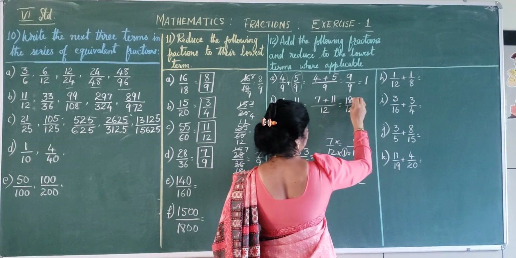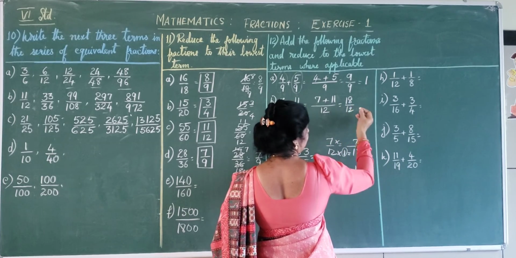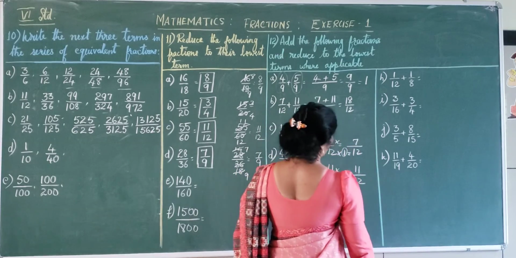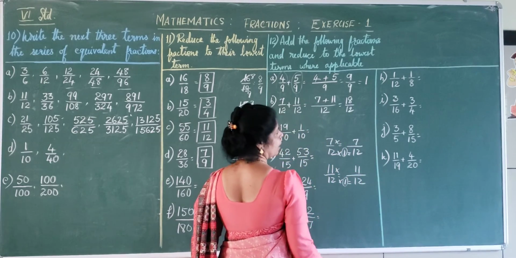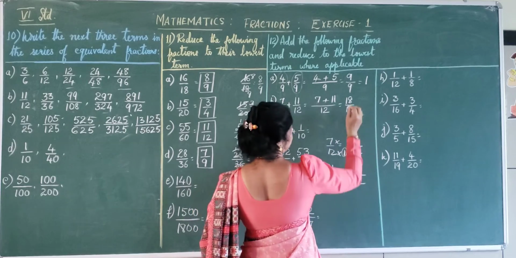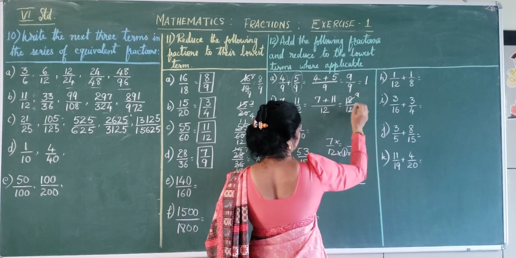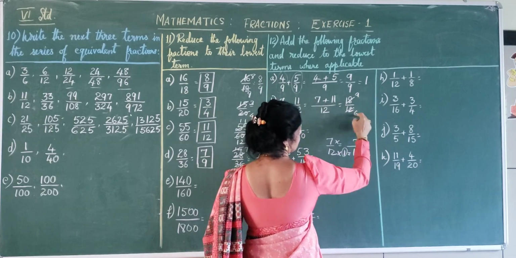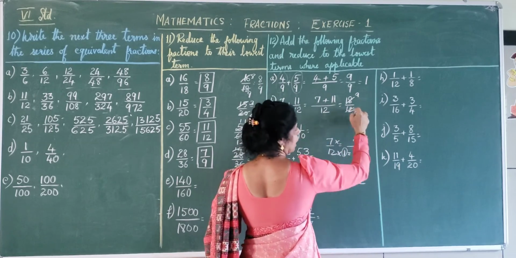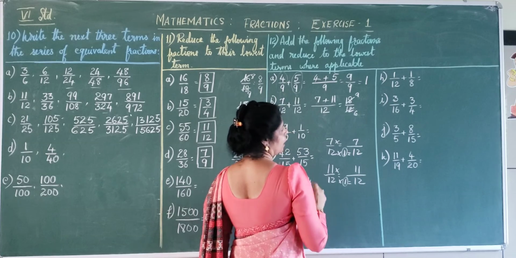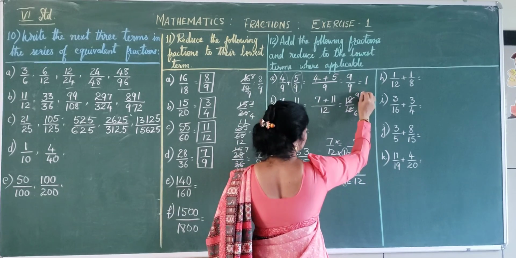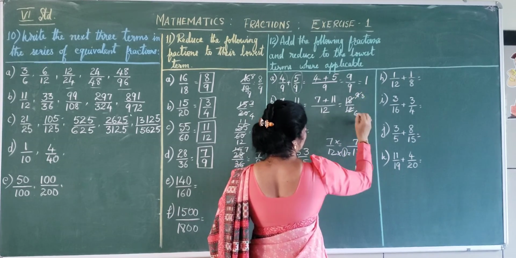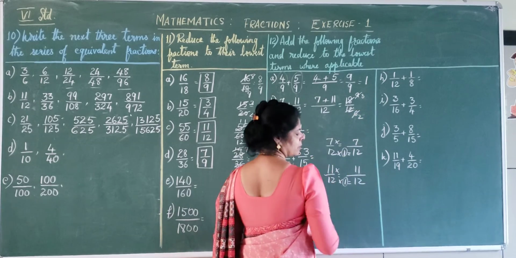So here, see, in the unit place, 8 and 2 are there, which are even numbers, which can be divided by the table 2. 2 9s are 18, 2 6s are 12. So 9 and 6 is coming, which can be again divided by a common table, which is the table 3. 3 3s are 9, 3 2s are 6.